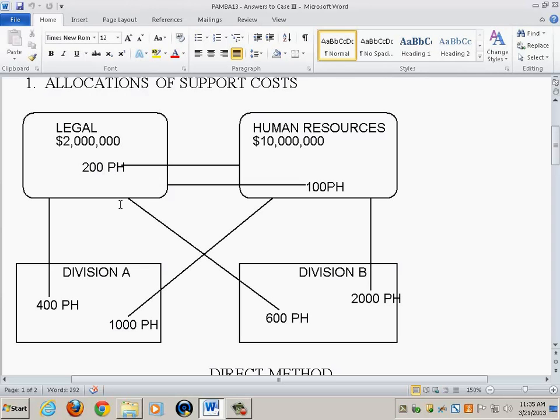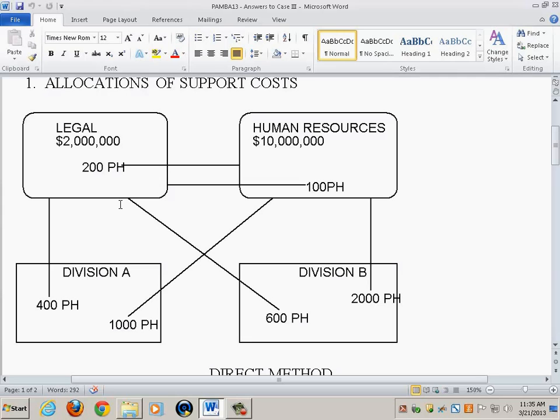For example, just take human resources. Human resources can provide recruitment services. It can provide career pathing services. It can provide payroll services. And I can go on and on there. We can all probably name 10, 15, 20 major activities that human resources are doing, and each activity has its own cost.